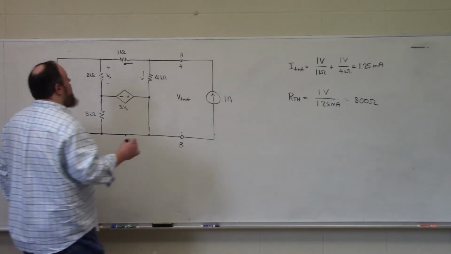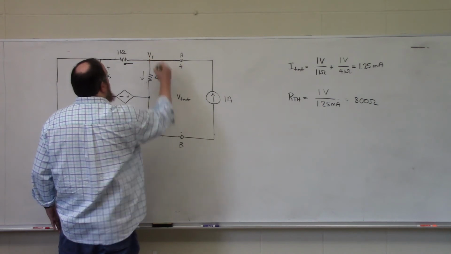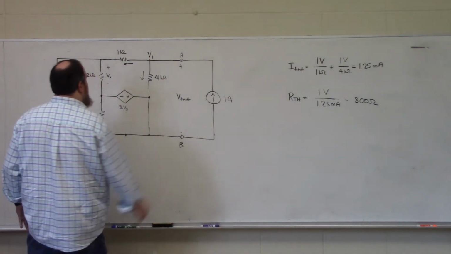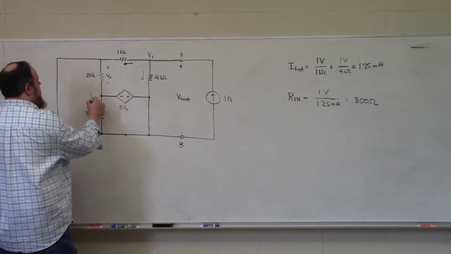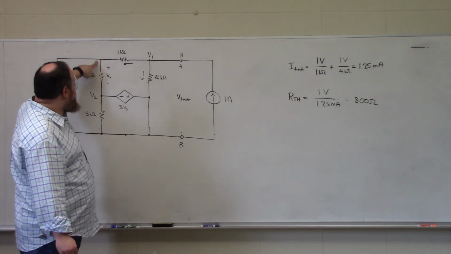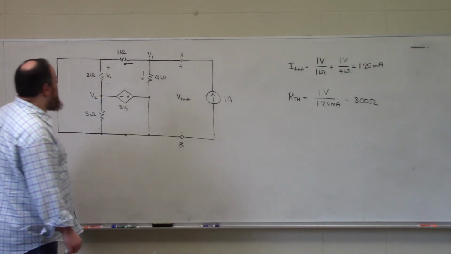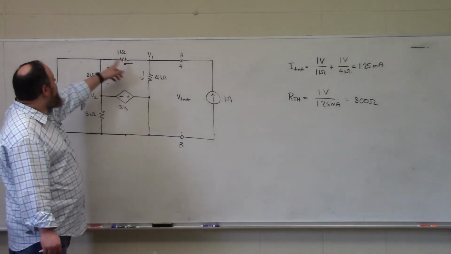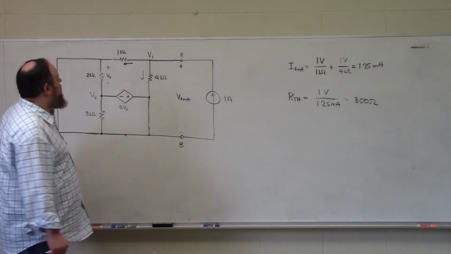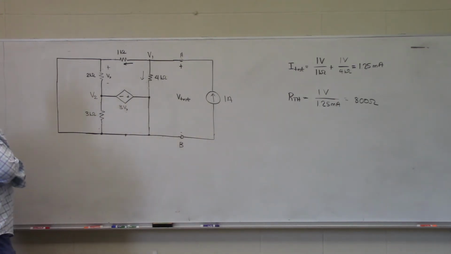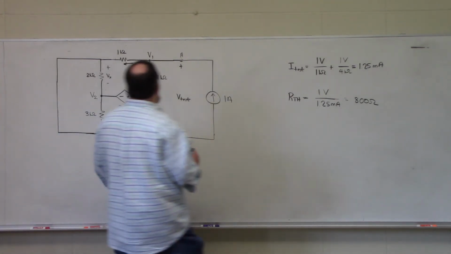I could do nodal analysis. So this is an unknown voltage V1 that will be the exact same thing as V test. This is an unknown voltage V2. And then this node is ground. This node is also connected to ground. This is a safer assumption. Okay, so let's set up our equations.